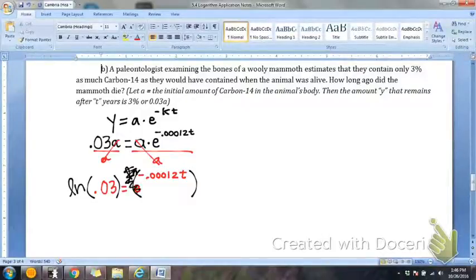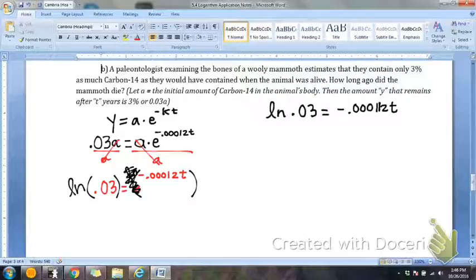And ln and E cancel on the right side. So on the left side, we're left with ln of 0.03. Don't mix up your decimals. Negative 0.00012 t. You can't really see that one. Yes, Chelsea? Okay, tell me the next step.